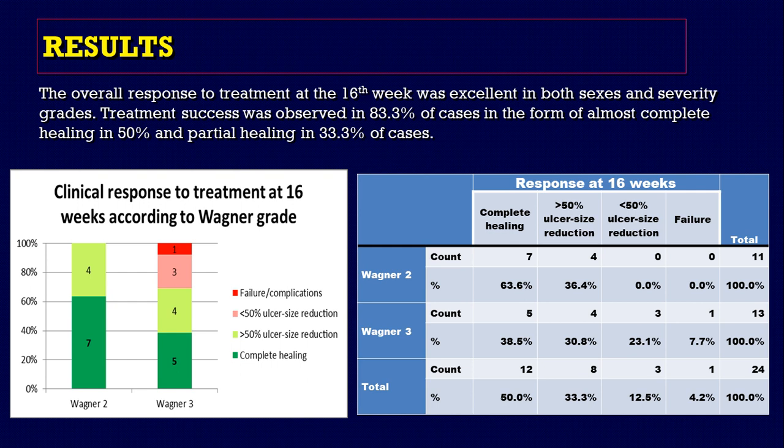In Wagner class 3, 38.5% was completely healed and 30.8% having partial healing, that is to say more than 50% ulcer size reduction.